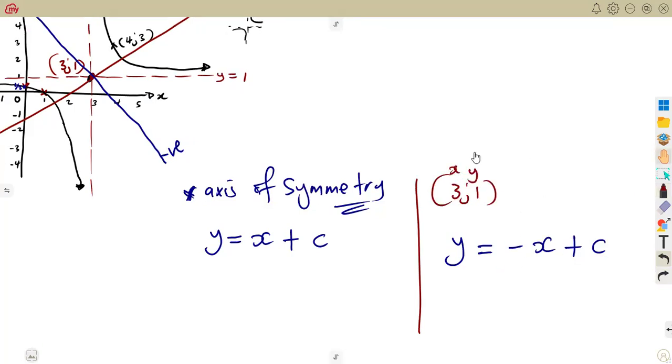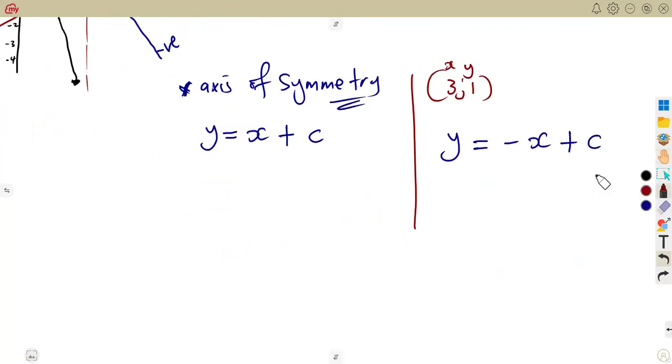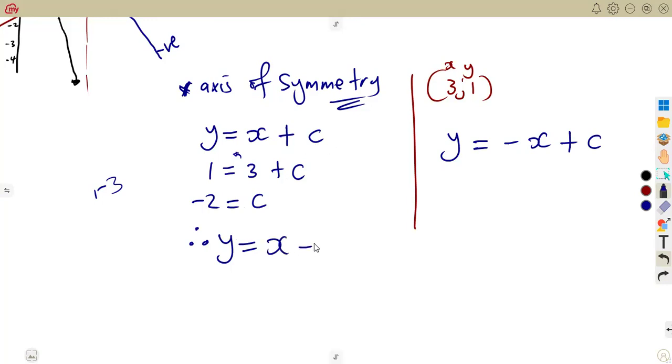All right, so let's start with this one, which has a positive gradient. When x is equal to 3, y is 1. So y is 1 when x is equal to 3. That's 3 plus c. Take the 3 to the other side, it will be a negative. So that's 1 minus 3, which is minus 2, is equal to c. So therefore, y is equal to x plus c, that's x minus 2.